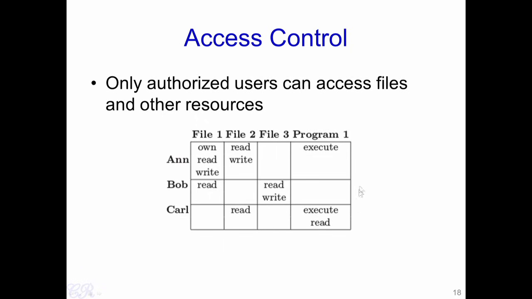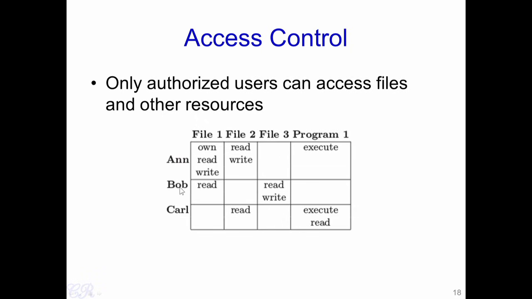In this system, the operating system, depending on the user who has logged in based on their password, gives different permissions for each file. For example, the user Anne has the read and write permission for file 1 as well as file 2 and can execute program 1. However, Anne has no permission at all for file 3.